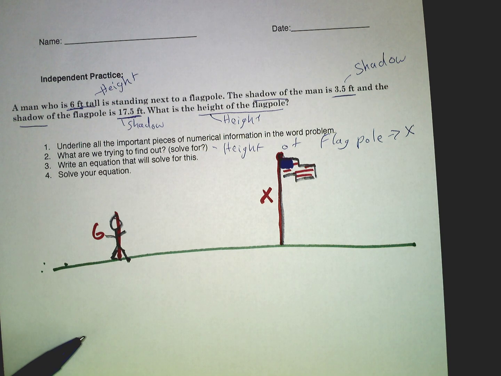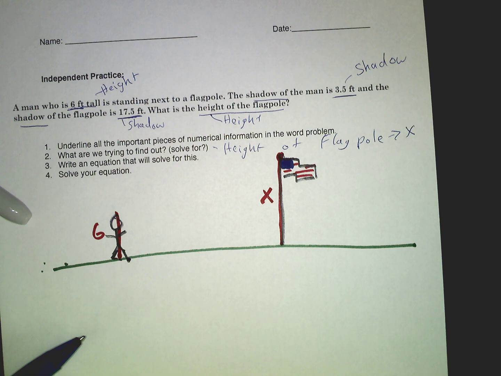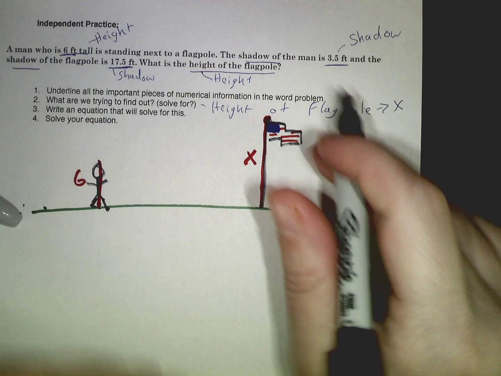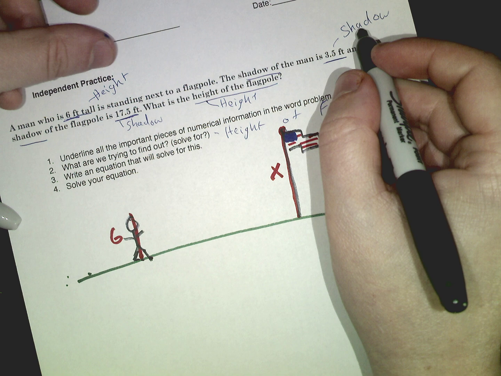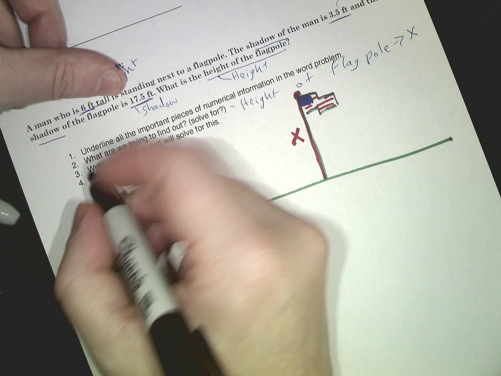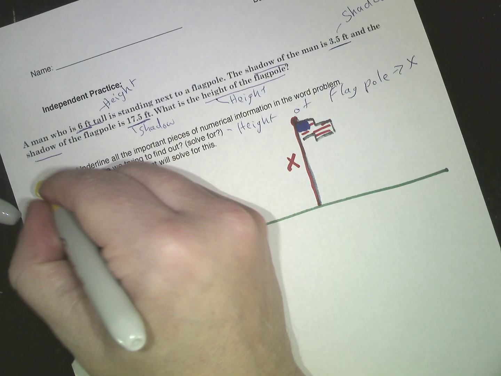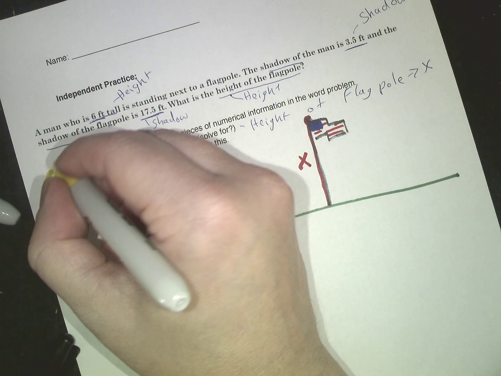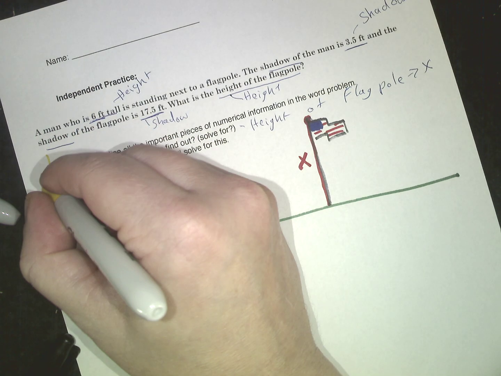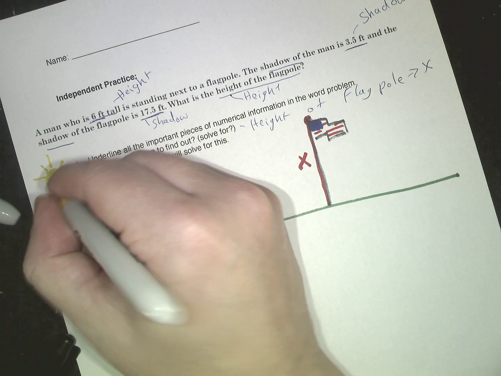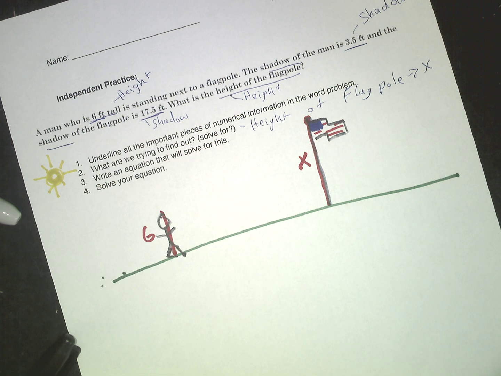Now the next thing that I like about this problem, because it's interesting, is that we have to talk about the shadow. And what does the shadow look like? Well, let's imagine the sun is going in one direction or another. I'm going to put my sun over here. It doesn't really matter. But if you think about the sun for a second and your shadow, all the shadows are always in the same direction.